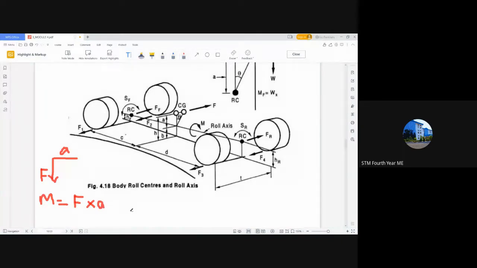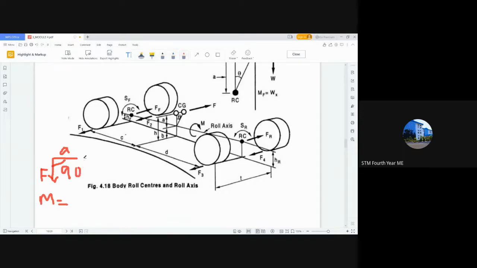Here there is a force and a distance a, so the moment will be equal to force into the perpendicular distance. The angle formed here will be 90 degrees. That is what is known as a perpendicular distance.